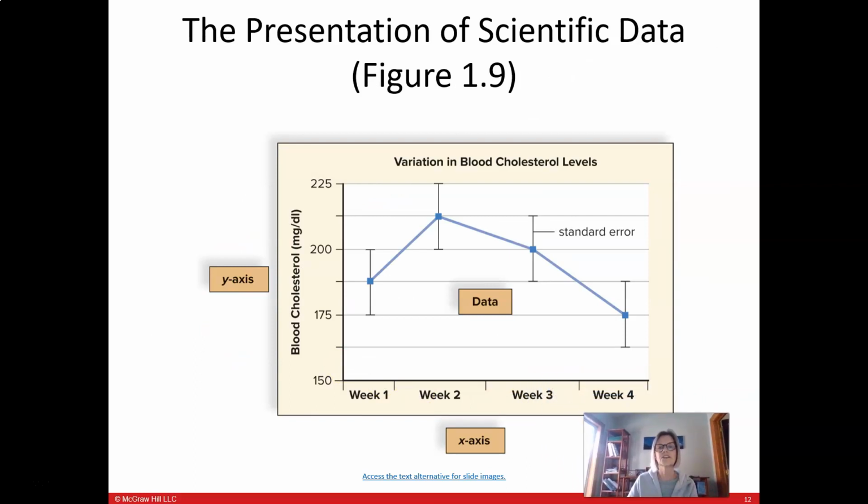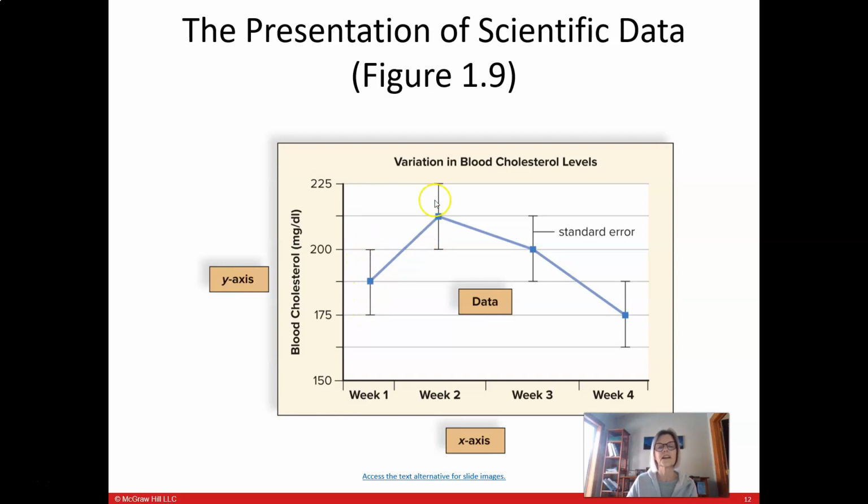Here's an example. This is in your book, figure 9.1, and it's showing you here they're comparing blood cholesterol over time. They're just monitoring blood cholesterol. And so here it is over time, and you can see it went up and then it went down. But they've done statistics on this to show there's actually a range, because usually you don't do experiments on just one person. You do it on many people.